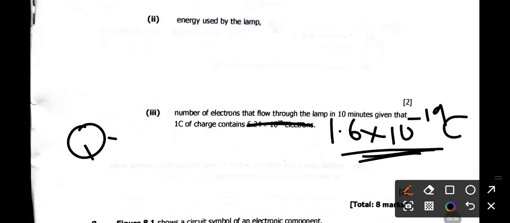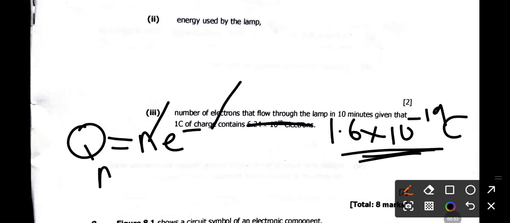Remember, Q is equal to N E, where N represents the number of electrons and E represents the charge of an electron.